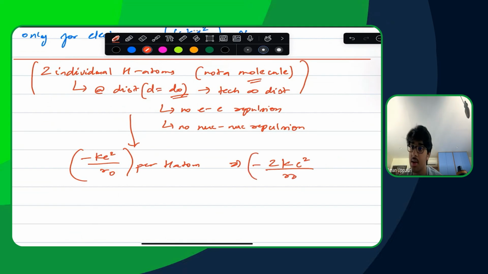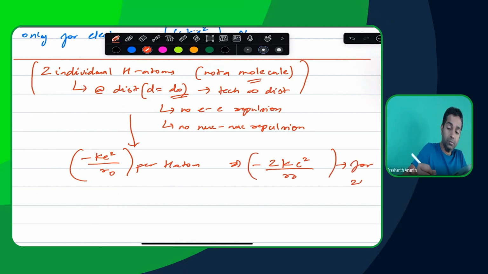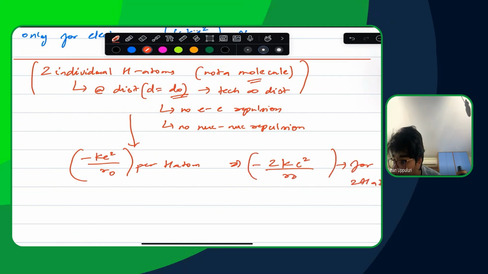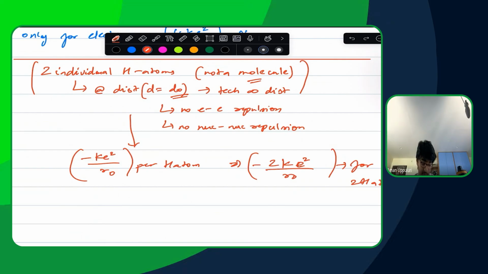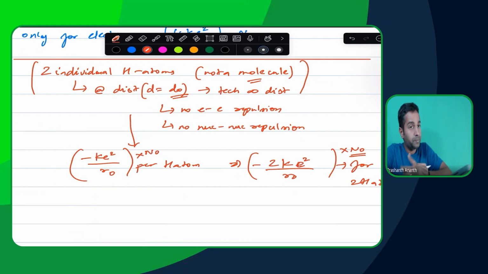Okay, got it, two hydrogen atoms. That's the answer. And if you want to convert it into a per mole quantity, all you have to do is multiply by Avogadro number. Fairly straightforward.